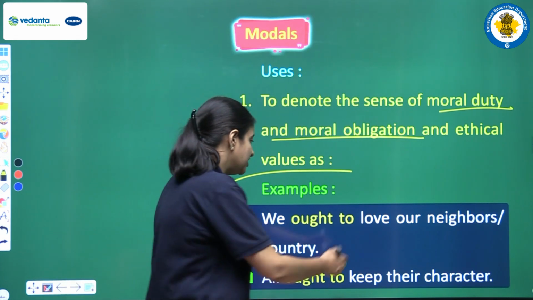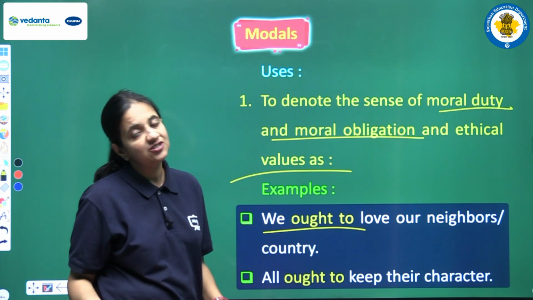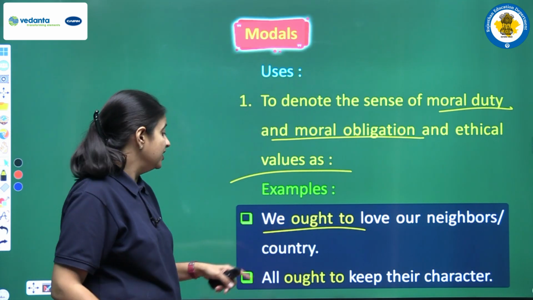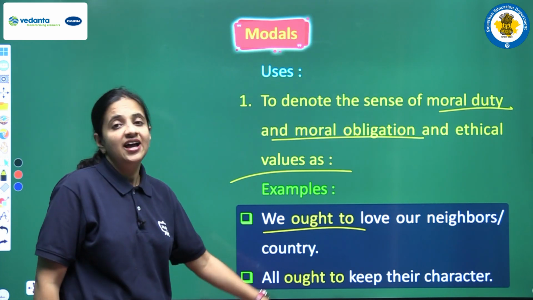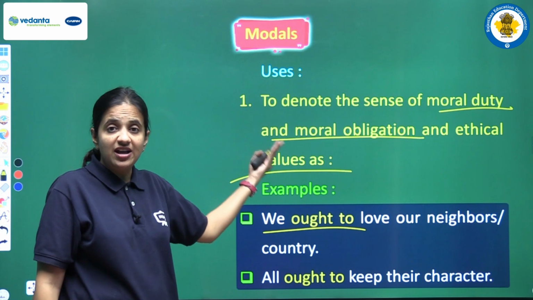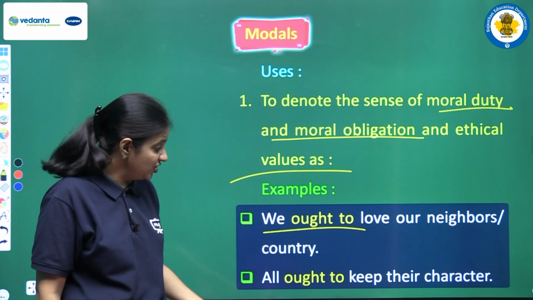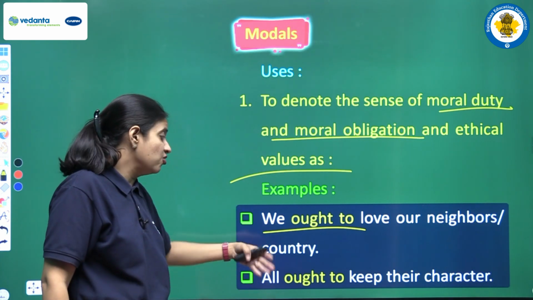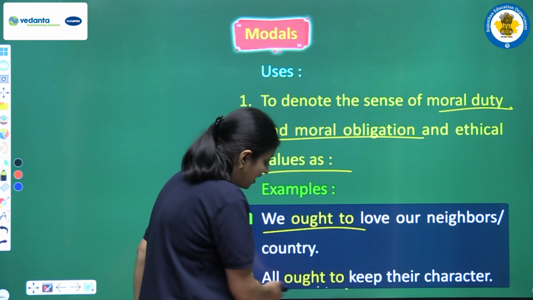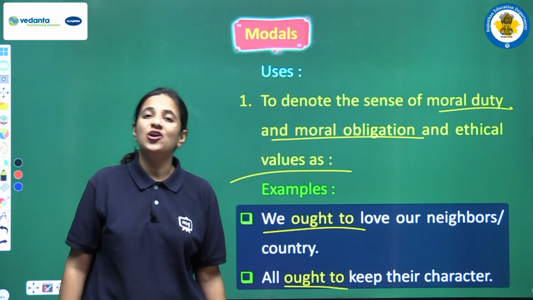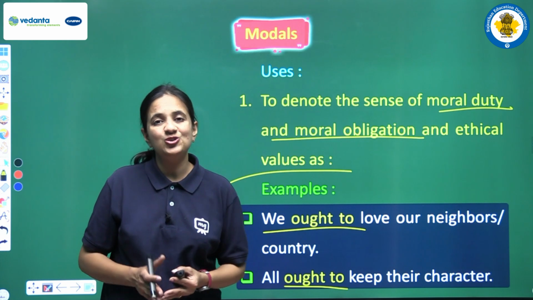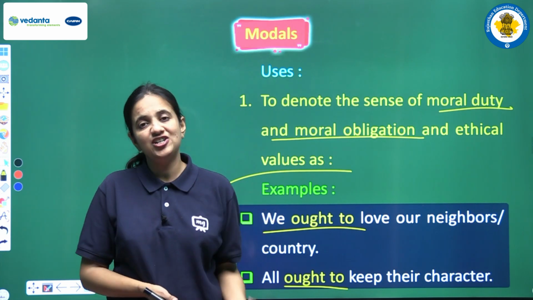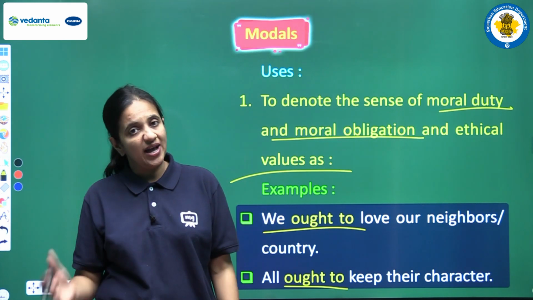Second is, all ought to keep their character. Again, we are talking about ethical values, or moral obligations, that everyone, or all, ought to keep their character. So in this manner ought to is used; it is the very first use of ought to, where it is used to show moral duty, moral obligations, or ethical values.